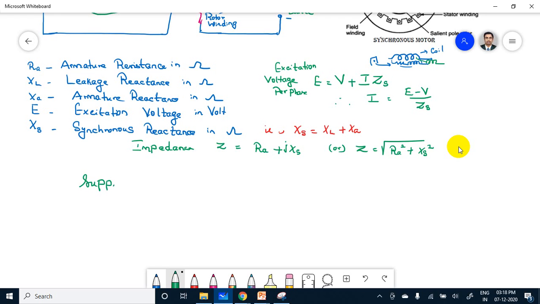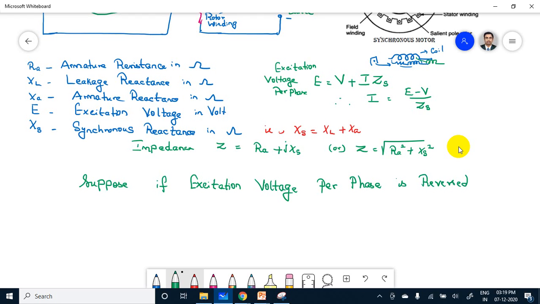Suppose the excitation voltage per phase is reversed, what happens to my equation?